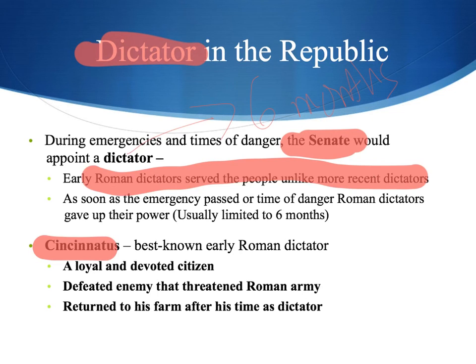The Romans were being attacked from the north by a group of people, and they needed one person to make a decision. He defeated that threat using the Roman army, and then right after that threat was solved, Cincinnatus gave power back to the Senate and to the Republic, to the consuls, and he returned to his farm.